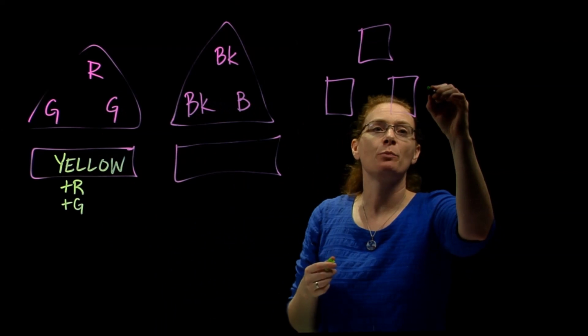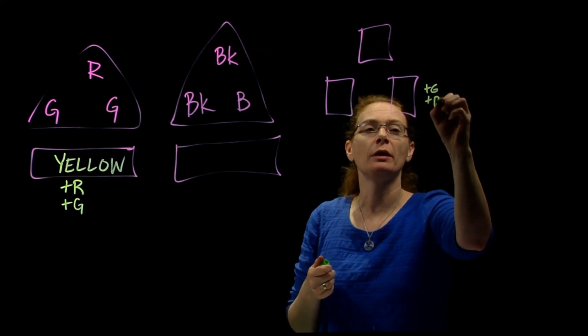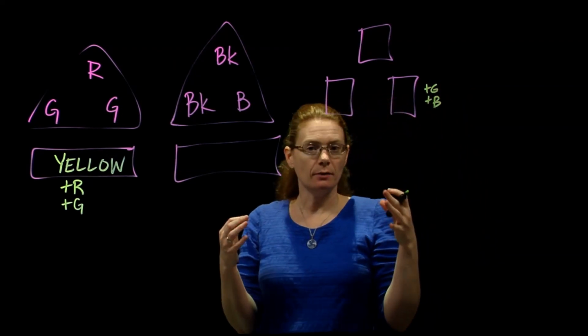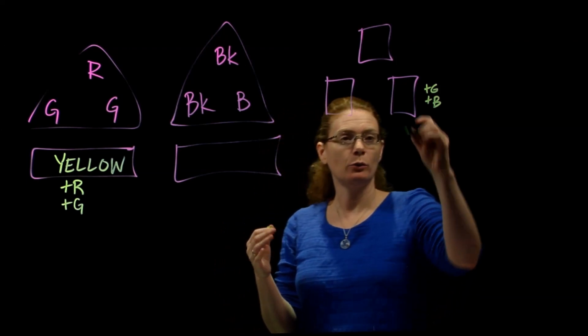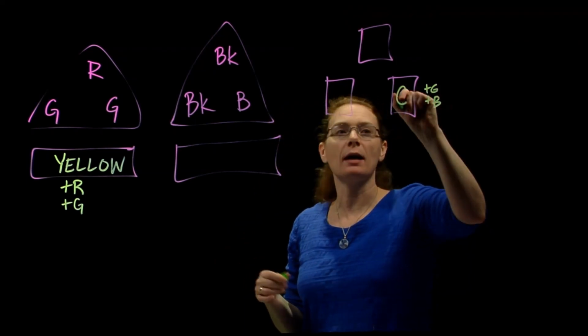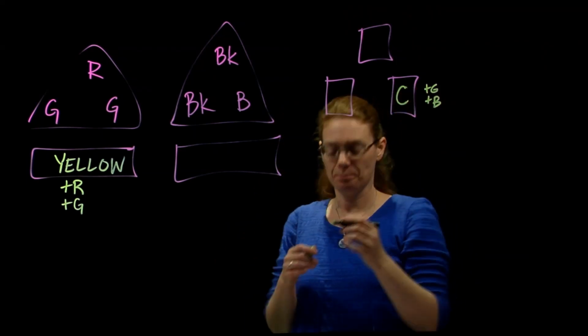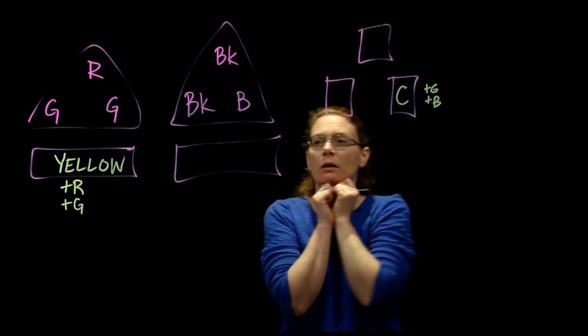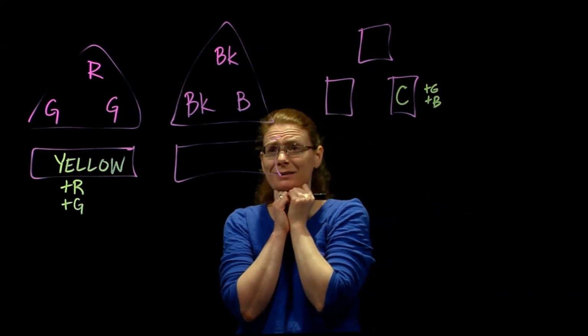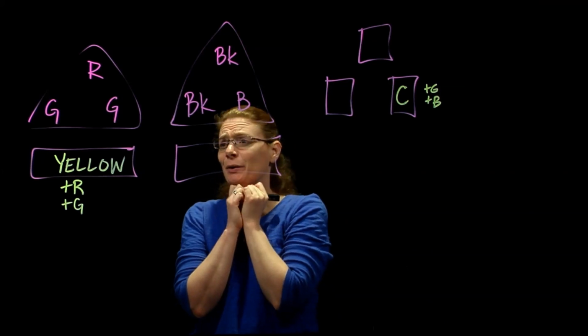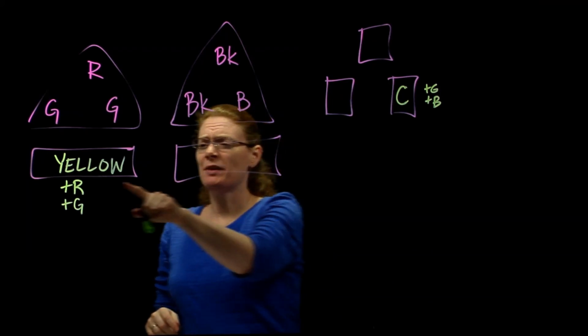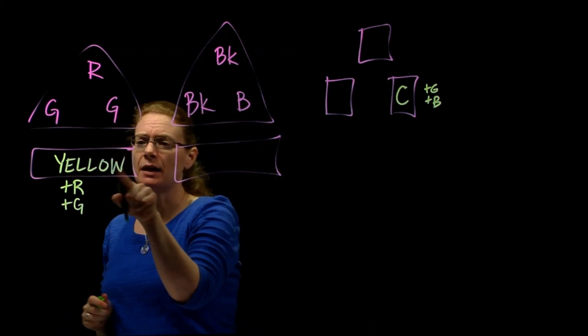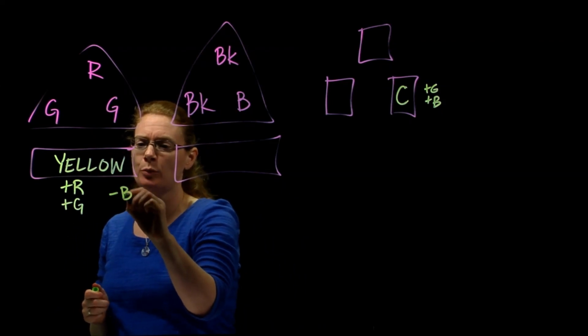The only object that has both green and blue in it would be a cyan object. So this object has to be cyan. All right, anything else? Well, okay. Now, I'm thinking about this yellow, and a yellow filter subtracts out the blue.